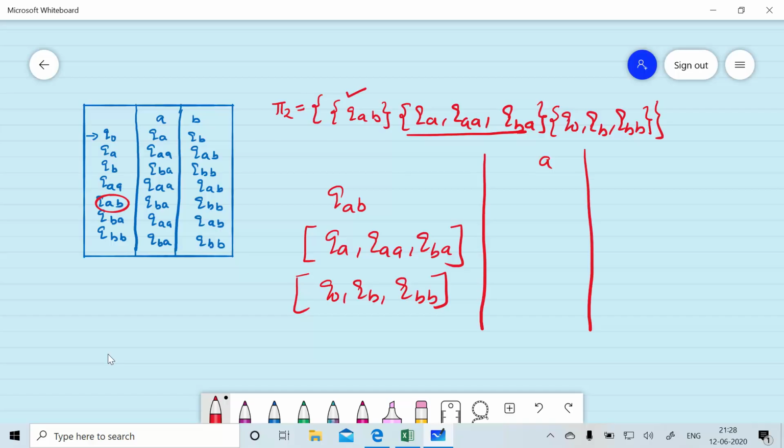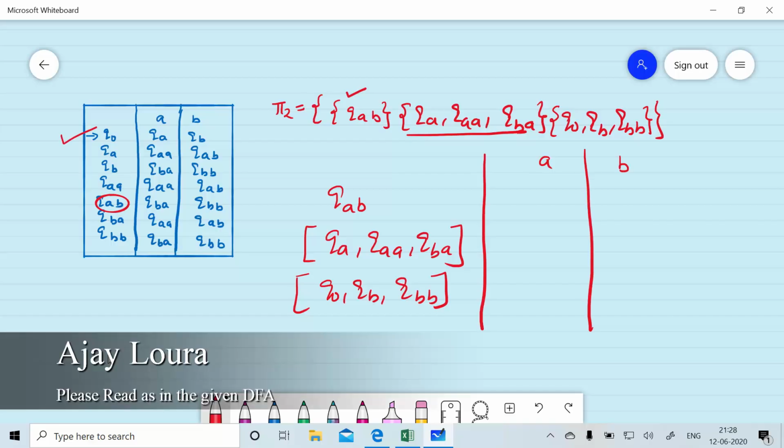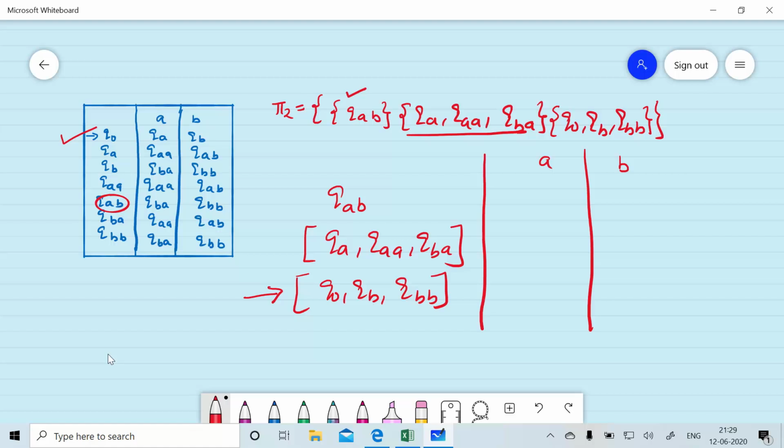In the given NFA, Q0 is the initial state. In our minimized DFA, Q0, QB and QBB will be the initial state. QAB is the final state, so QAB will remain the final state in our minimized DFA.